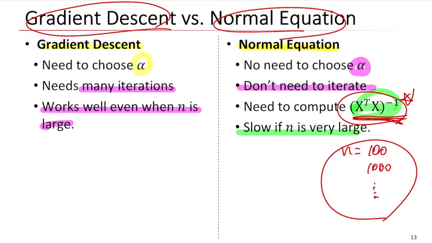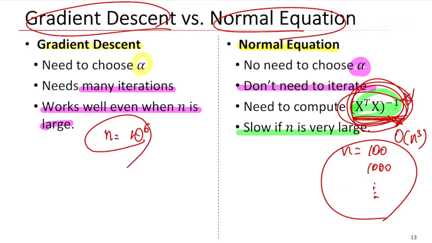In this case, the computational cost of this equation will be on the order of n square, so it will be very slow, right? But if we use the gradient descent algorithm, even for such large values of n, gradient descent works well.